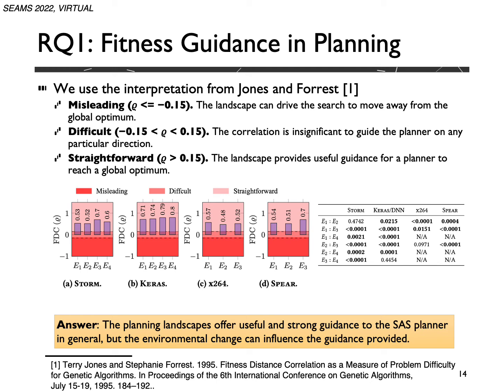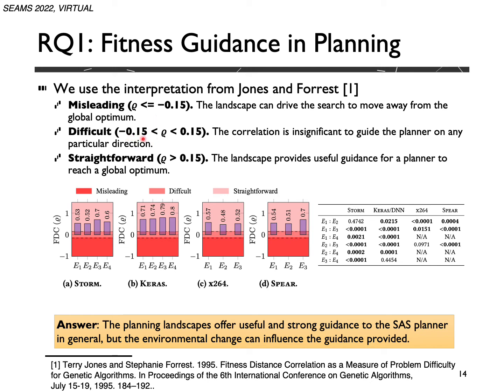For the first research question, we evaluate the fitness distance correlation across the systems. Here we use the interpretations from the original authors of this metric: if the FDC is smaller than minus 0.15, it means that the landscape provides misleading information, because when the distance becomes smaller, the performance actually gets worse.